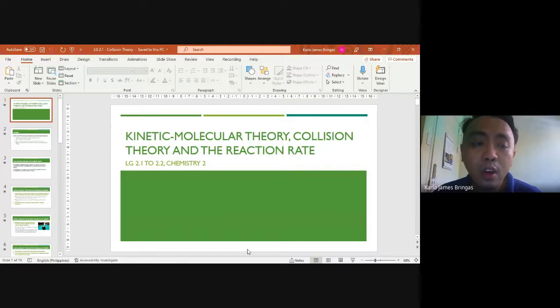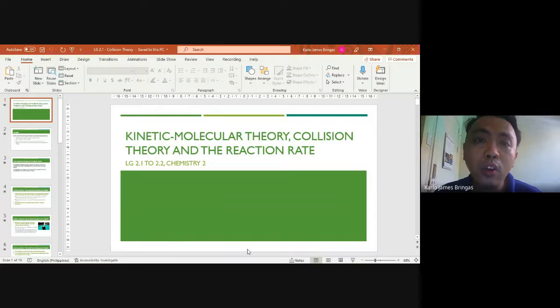This time, we're talking about chemical kinetics, which deals with how fast or how slow a reaction is. In chemical thermodynamics, we learned how to compute how much energy is involved in a particular process. We also learned whether a particular process is spontaneous or not.